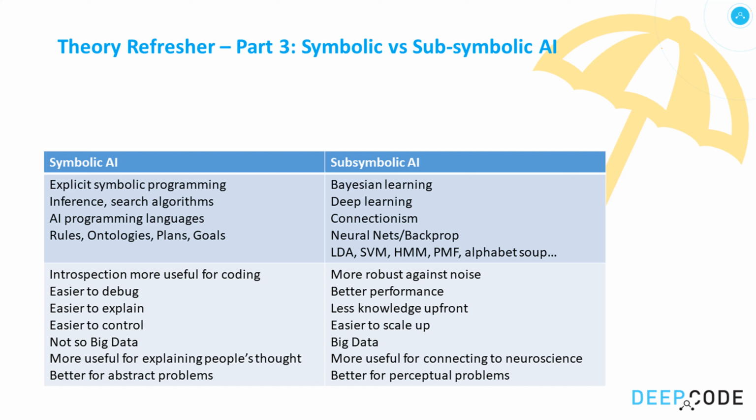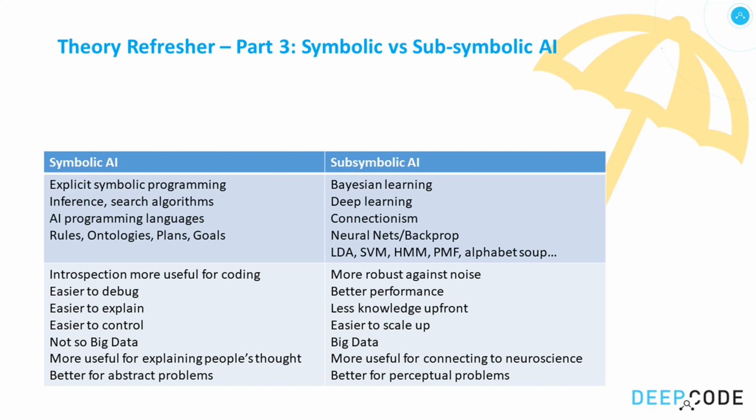The symbolic AI field is used in introspection. It is easier to debug, it can explain itself, it's easier to control, it doesn't use big data so much, and it's easier to explain people's thought in it. It's better for abstract problems. Sub-symbolic AI or machine learning is more robust against noise.